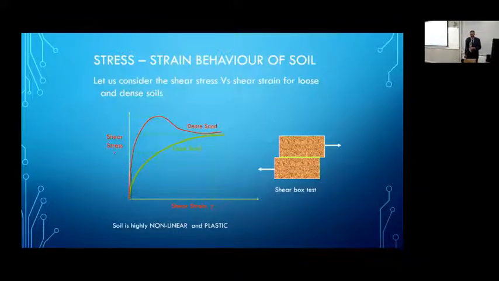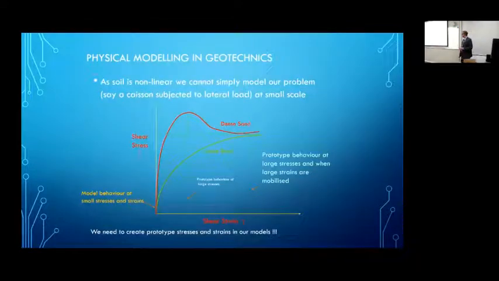Now, this is all great, but if I want to try and test in a laboratory by making, say, a small scale model, so I build myself a reduced scale model of the foundation, apply the loads, then the behavior I get from the soil will, because I'm at very low stress and low strain, invoke the stiffness here, which is the tangent to these lines, which is going to be quite high.